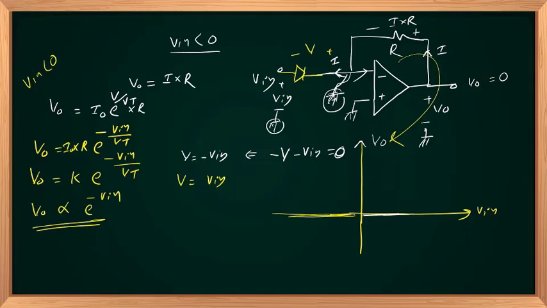So V out is similar to this, I naught times the same resistance multiplied by exponential, and instead of minus V in, it will become V in upon Vt. So when V equal to 0, exponential 0 is 1, then it will increase from 1. Of course, there exists a discontinuity here, a sudden jump from 0 to 1 at V in equal to 0.